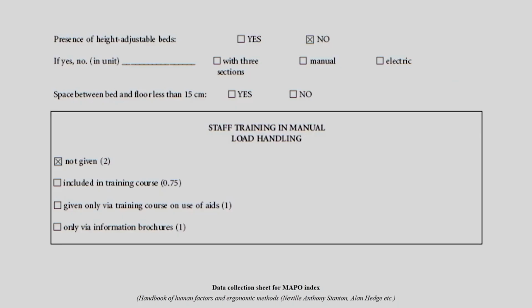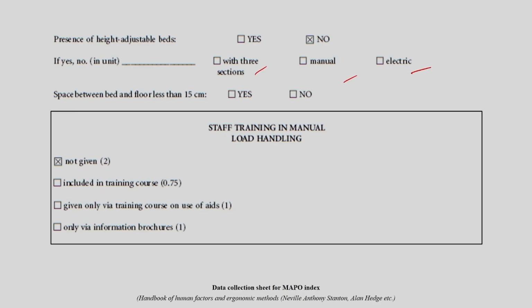Now what do you need to do extra here? You have to note the presence of height adjustable beds. If you have them, yes. If you do not have them, then no. Then the more category, with 3 sections, manual or electric. And the staff training in manual handling.